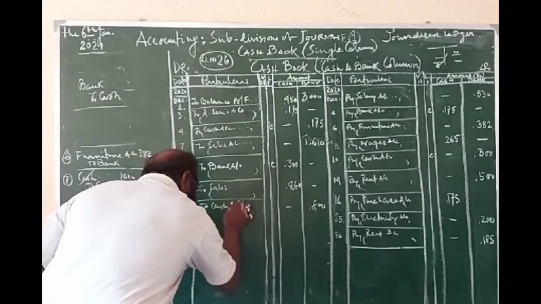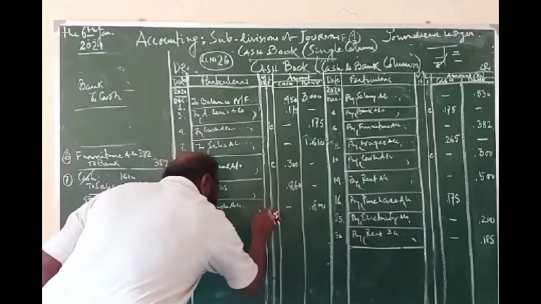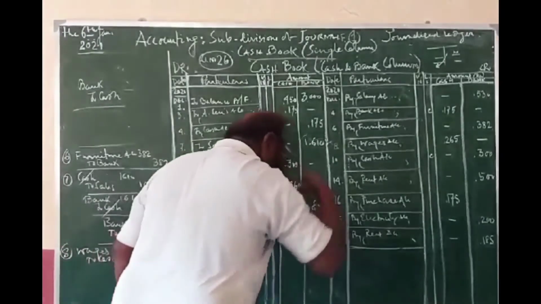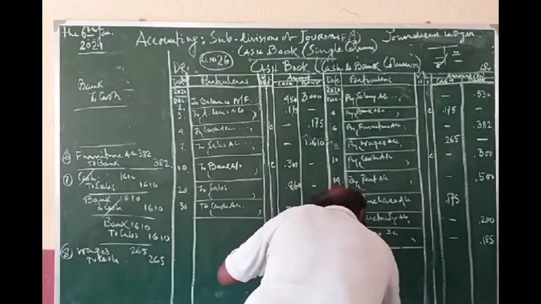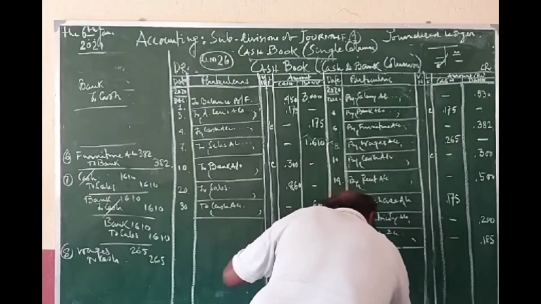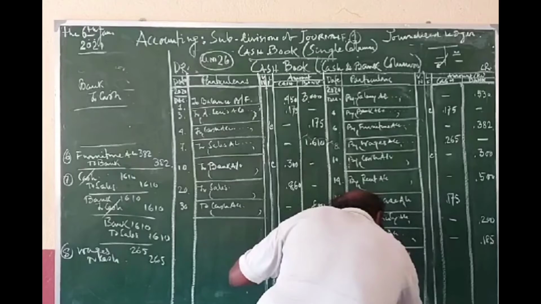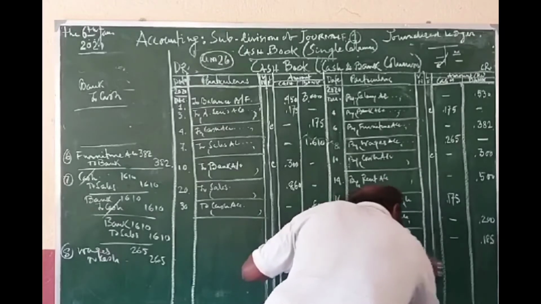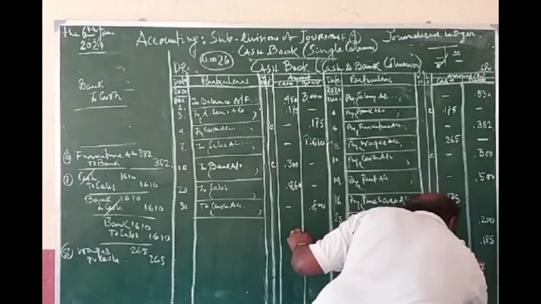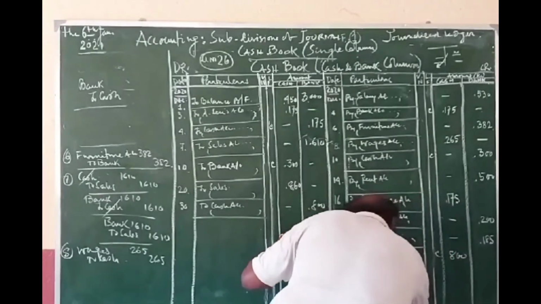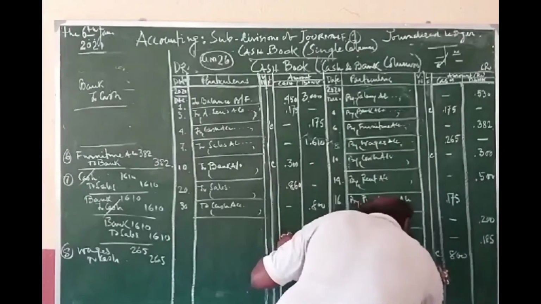To cash. Being the amount deposited into bank. And here the amount of cash has been reduced. So it is by bank. Means the amount deposited.